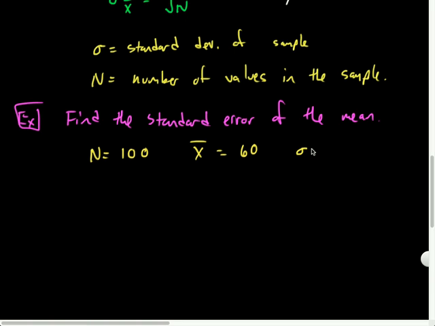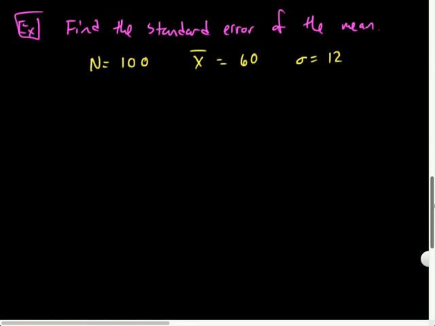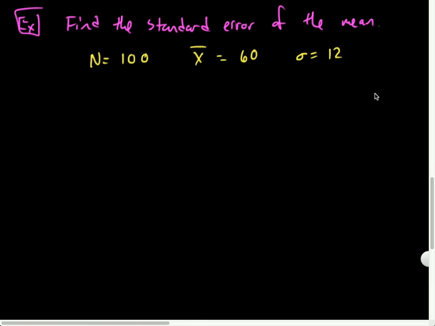And let's say the sigma of that population is 12. So if I want to find the standard error of the mean, what's my formula? Sigma sub x bar is equal to sigma divided by the square root of n. So all I have to do is plug in these values, and it'll give it to me. That would be 12 divided by the square root of 100. That's 12 divided by 10, or 1.2.